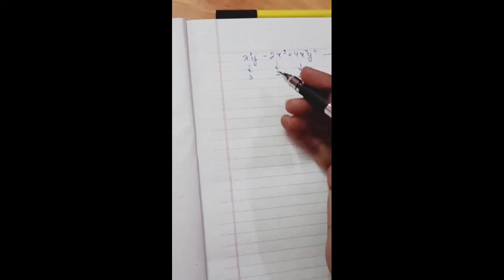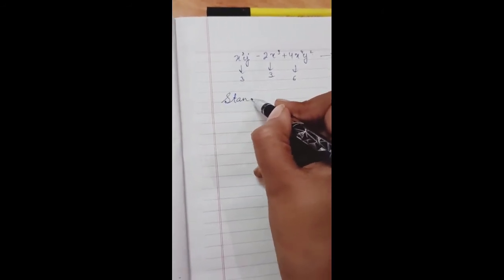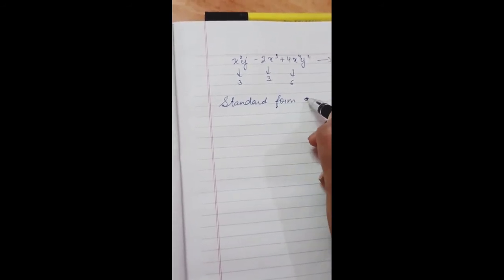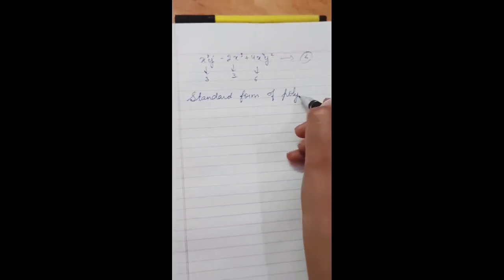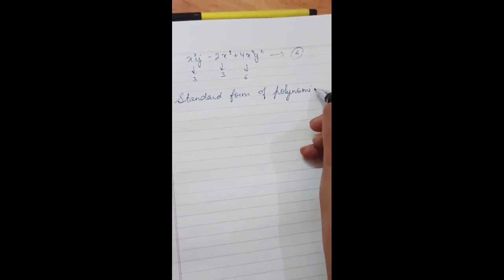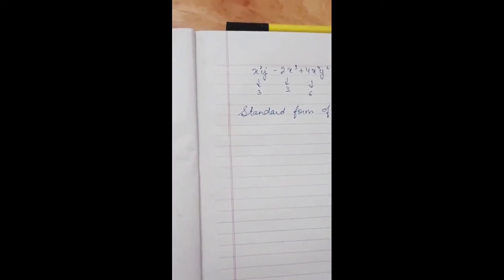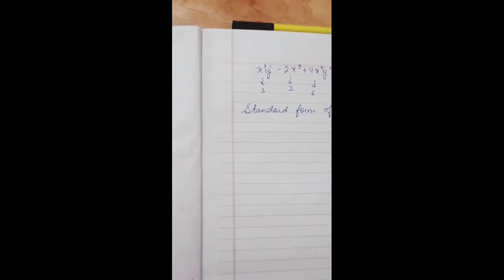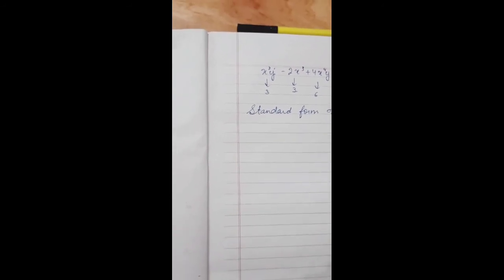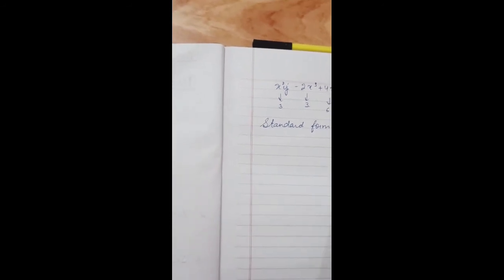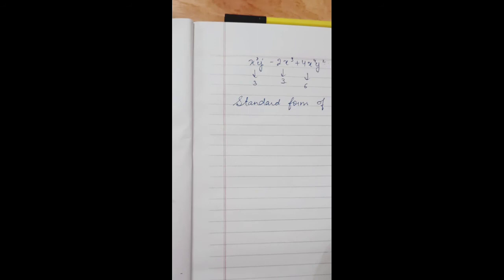Now, standard form of a polynomial. The terms of a polynomial may be written in any order. However, polynomials that contain only one variable are usually written in standard form.